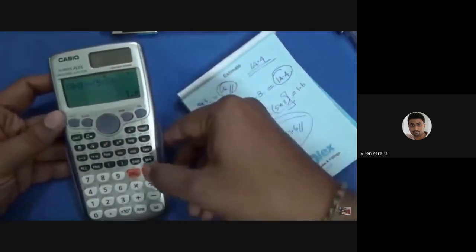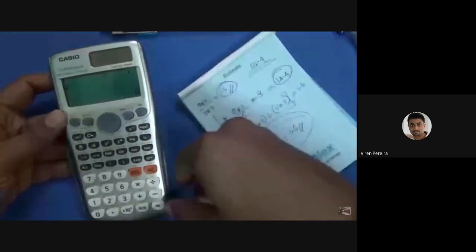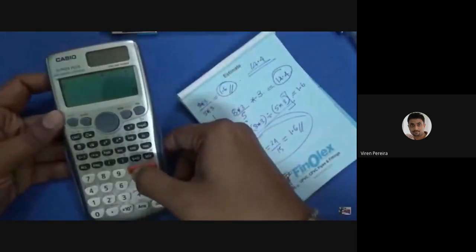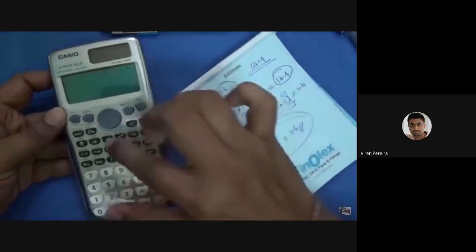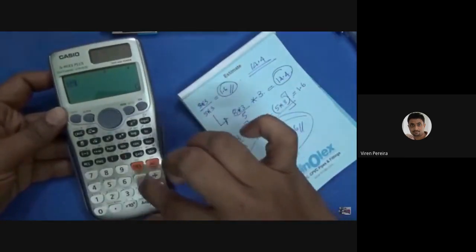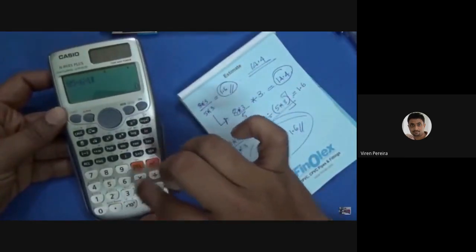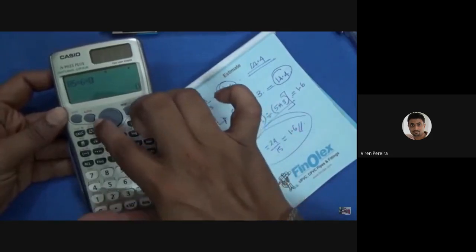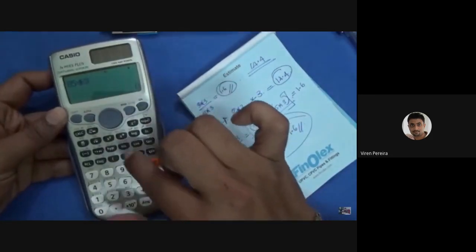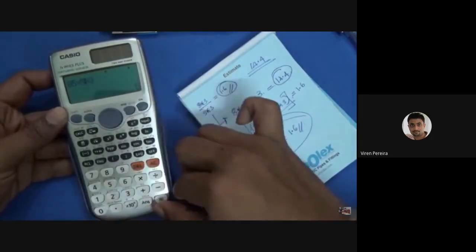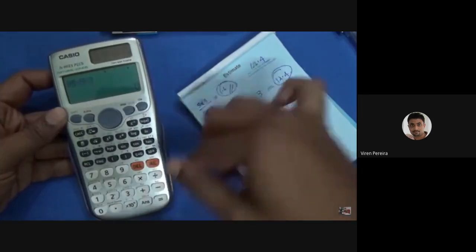Now again, we'll press AC. As you see the delete button, we even saw the function of it. So if I have 85 into 6 into 3, I can basically go to any value, press the delete button, change the value to whatever I want and press equal to.